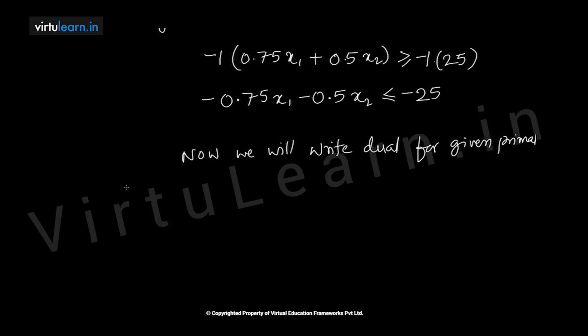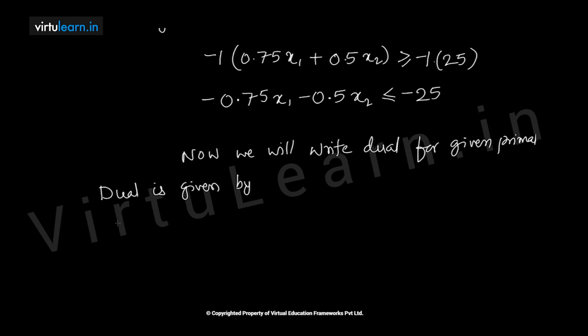Here in the dual we'll use y1, y2, y3. Now the dual is given by: earlier we had maximization, so obviously the dual should be minimization.